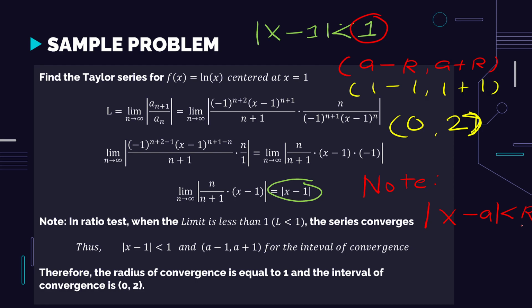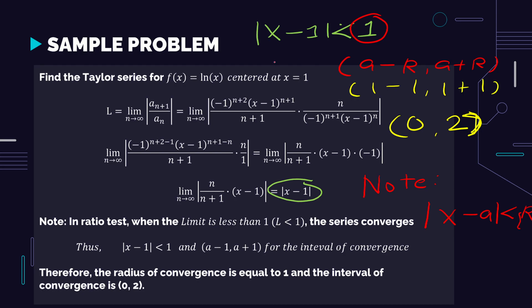Whatever the value of r is, that is the direct value for the radius of convergence. It is similar to our solution here.